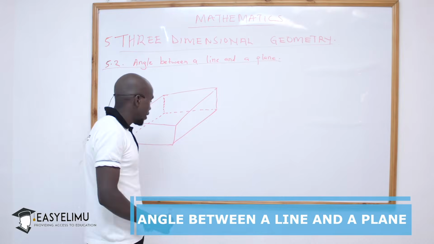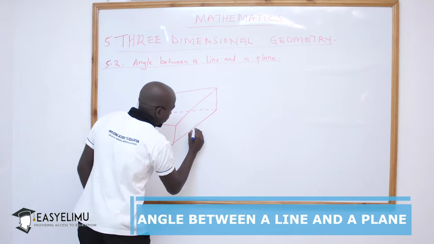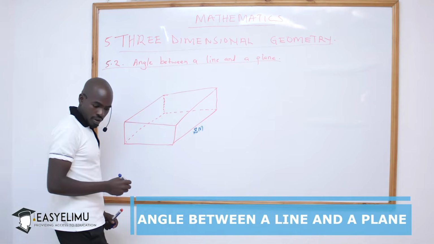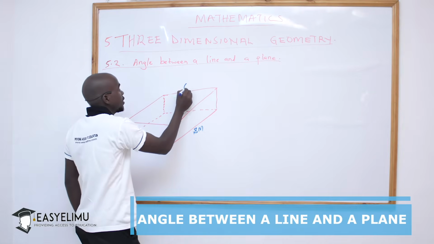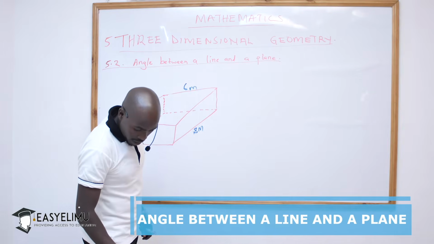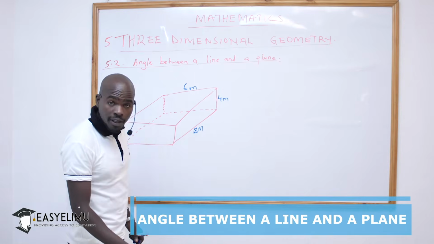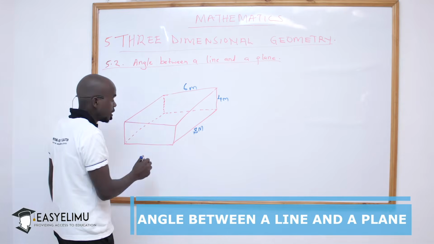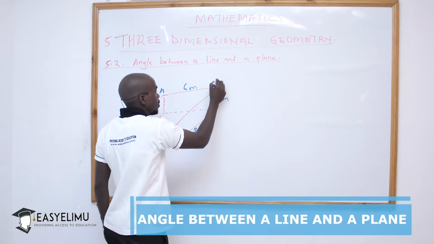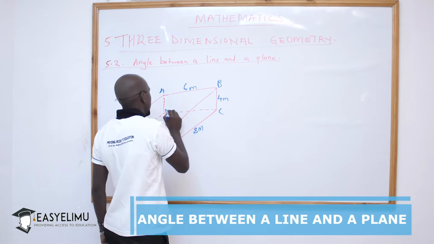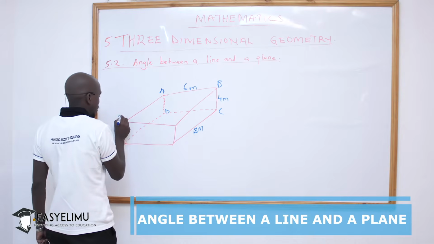Then it is of length 8 meters. Its length here is 8 meters. And then we have its width being 6 meters and height is 4 meters. So having this, we can denote this point as A, this is B, C, D. Then we have PS, QR.